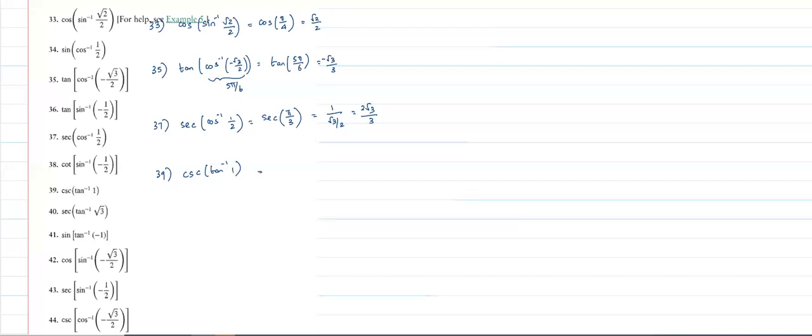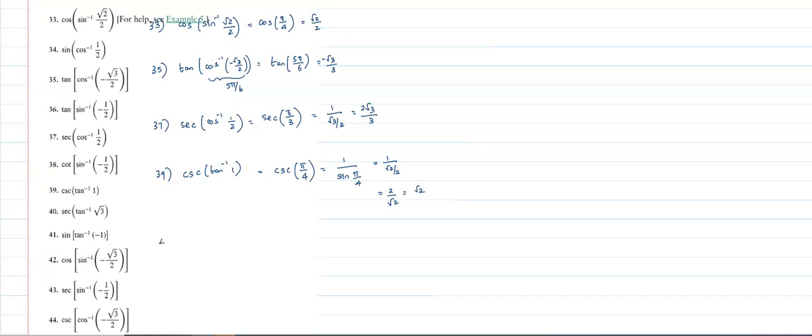Again, where is tan inverse 1? In the first quadrant, pi over 4. So I have cosecant of pi over 4. Now, what is cosecant? Cosecant is nothing but 1 over sine pi over 4. What is sine pi over 4? Root 2 over 2. So then if I flip it, I'll get 2 over root 2, which is root 2.